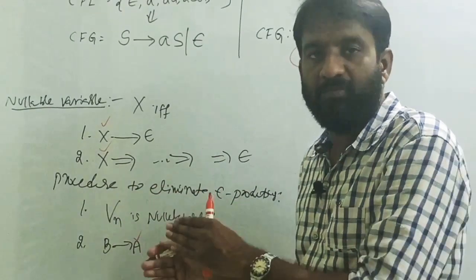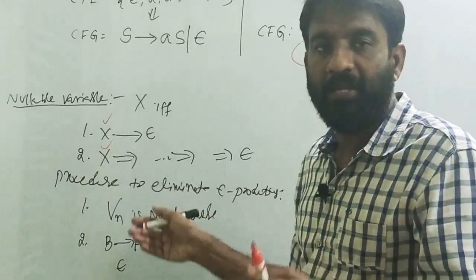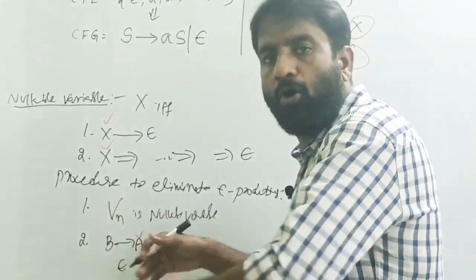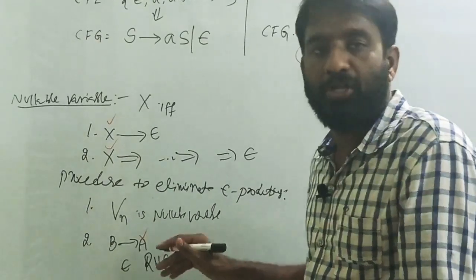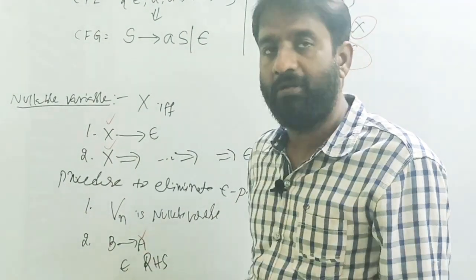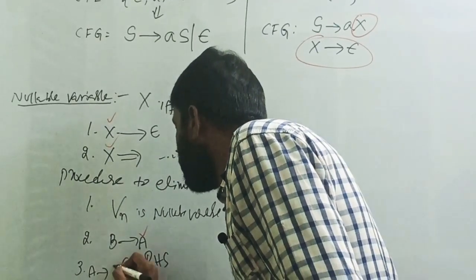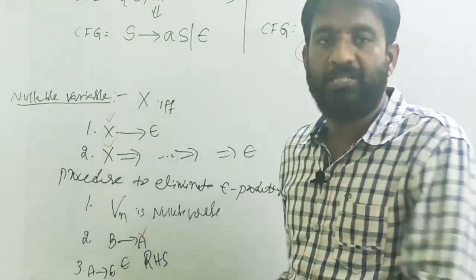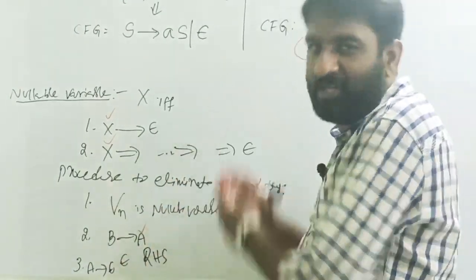Then we remove A by replacing A with epsilon and adding all its possible RHS combinations to the production. Then don't add A tends to epsilon again. This is the procedure. You can understand it very well if you solve one problem.